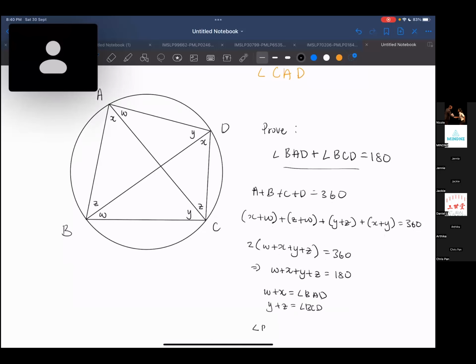We get angle BAD from W plus X, plus angle BCD from Y plus Z, equals 180, as we tried to prove initially. Okay, does that make sense to everyone? I think that this is a pretty simple way of doing it. We just have to write everything out and then it all becomes clear.